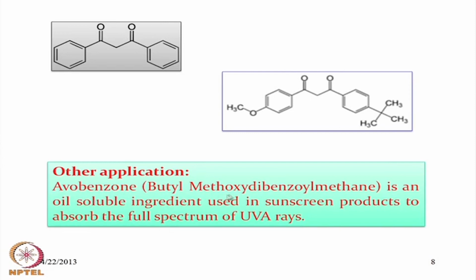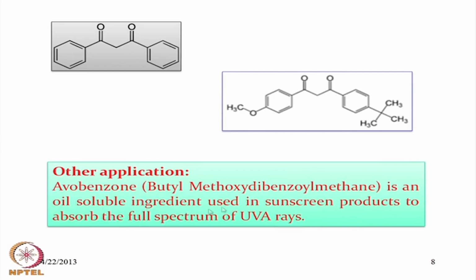Avobenzone is nothing but butyl methoxy dibenzoyl methane. So, one is the butyl function, and another is the methoxy substitution. So, two substitutions at two ends of the phenyl ring, particularly the para position, by butyl function and the methoxy function of dibenzoyl methane, can be useful because it is soluble in non-aqueous medium, soluble in oil and any other cream material.